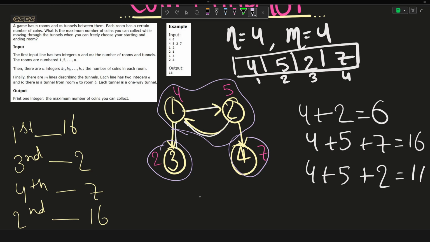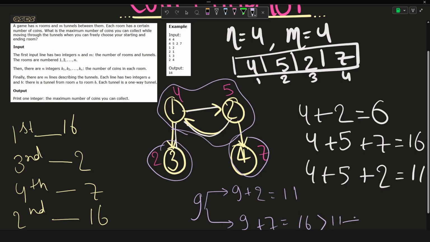So after collecting the 9 coins from this component, we can move to this third room and collect the remaining 2 coins, or we can move from the first component to the fourth room and collect the remaining 7 coins. So this gave us 11 and this gave us 16. So out of this, 16 was maximum than 11, so this was our answer, right?